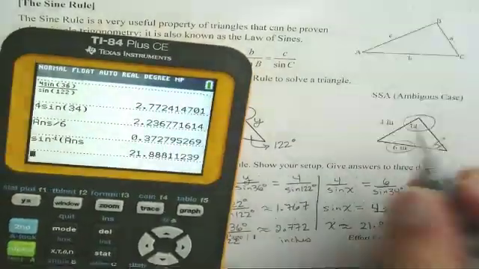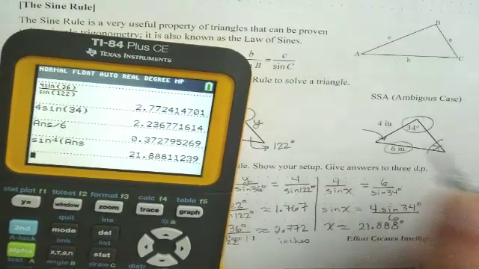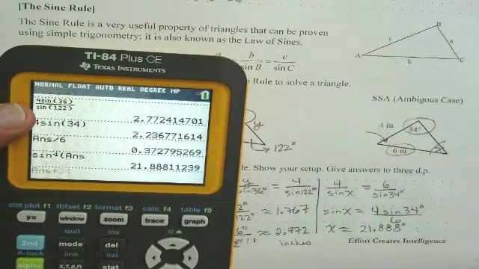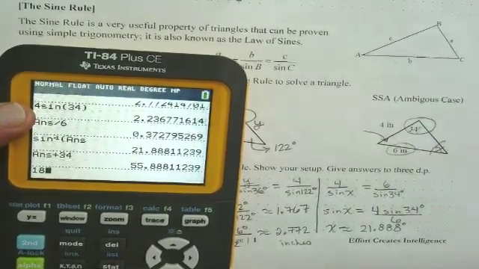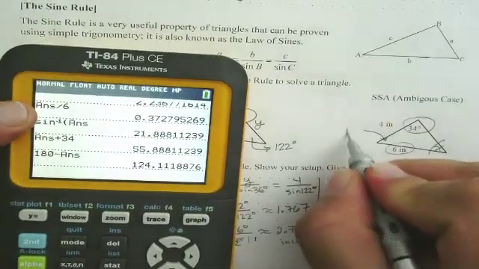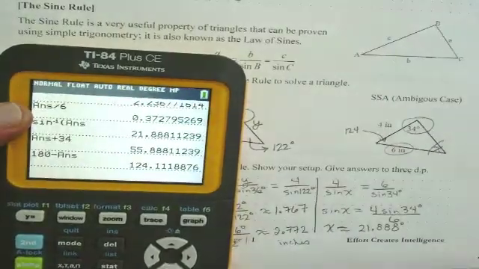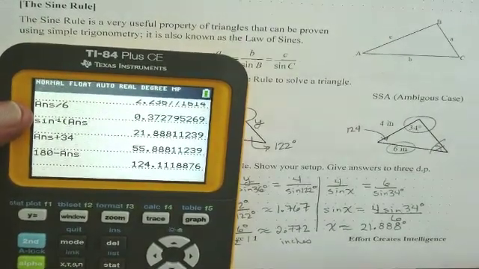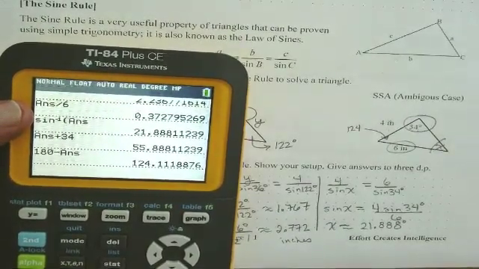Now, what would be this missing angle right here? Well, what do we know? This number plus 34 is 55. 180 minus that is 124. So this angle over here would be 124 degrees.